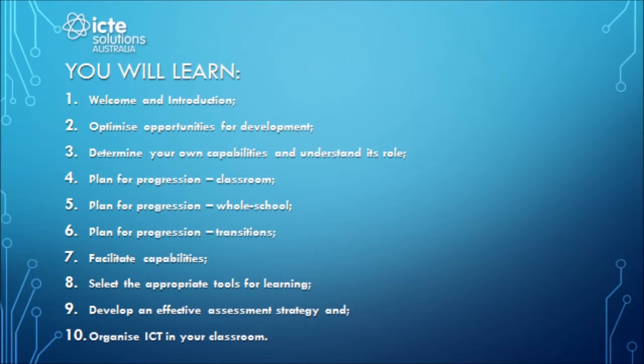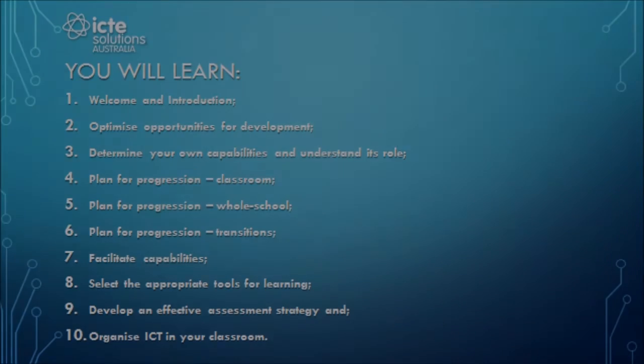In section 9, I'll show you how determining progression in your classroom can help track student function levels. And finally, I'll show you how to maximize the potential of students by creating an inclusive classroom.